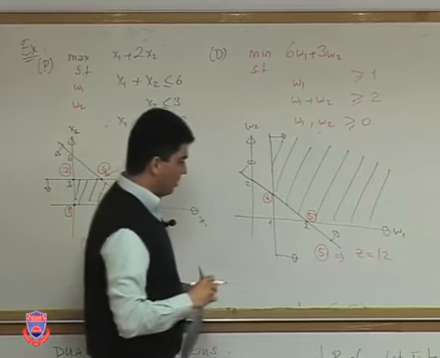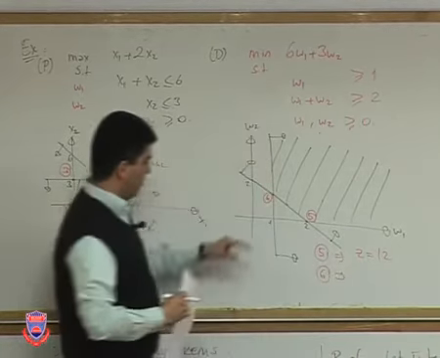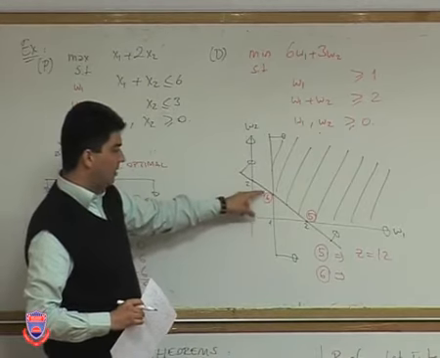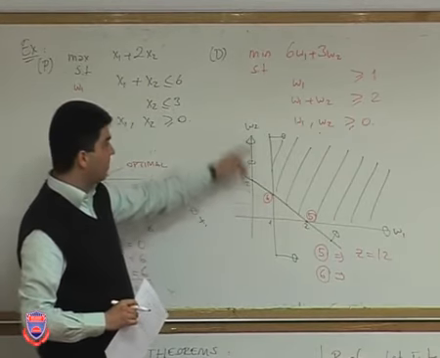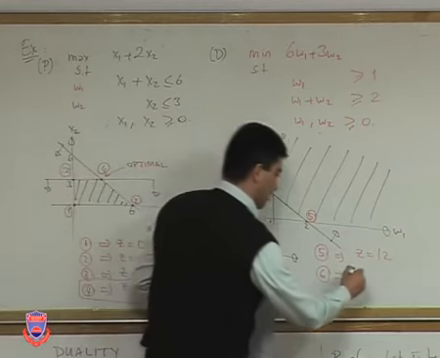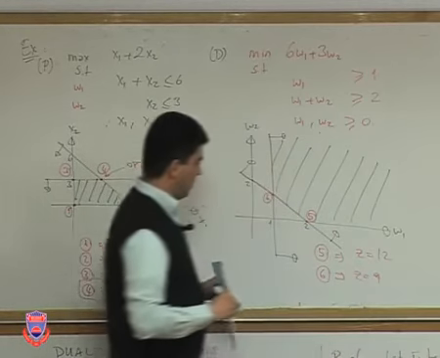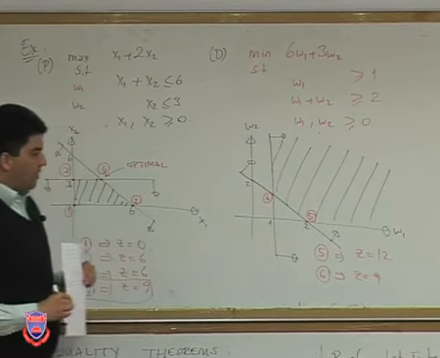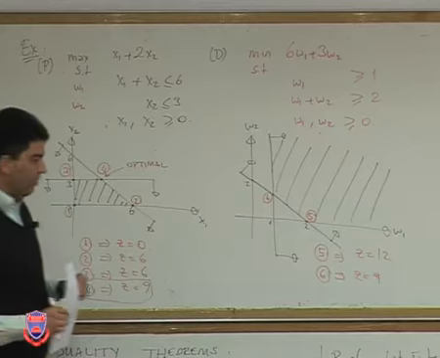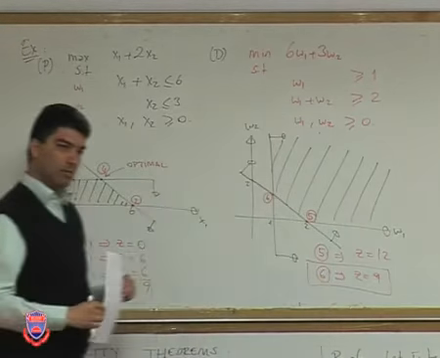So let's call this corner point 6. What are the coordinates here? Well, they're actually 1 and 1. Okay. What's the corresponding objective function value? It's equal to 9. Okay. And since this is a minimization problem, this is the best possible solution. So this will be optimal for the dual problem. Okay.